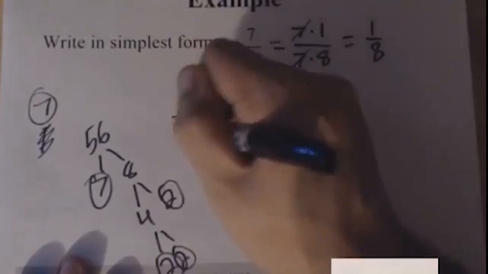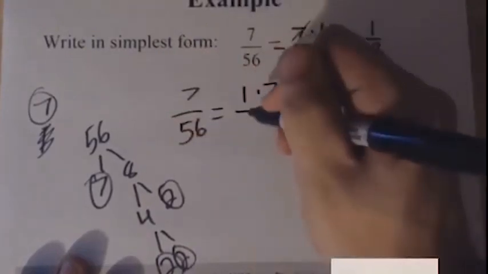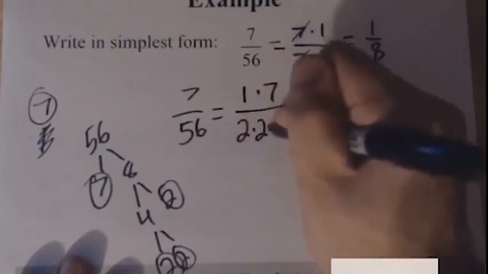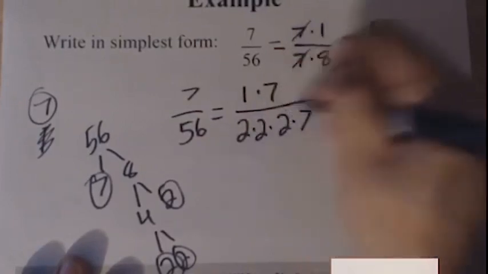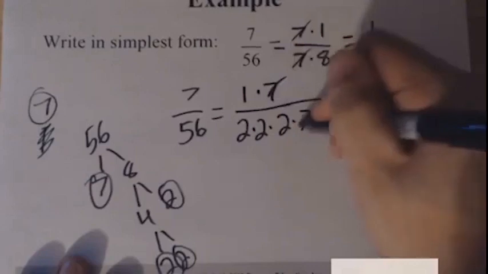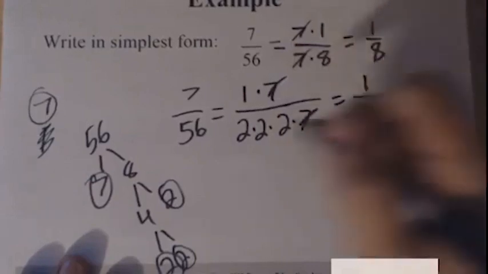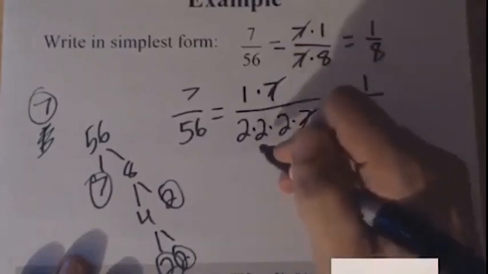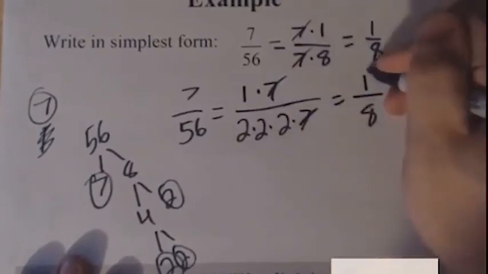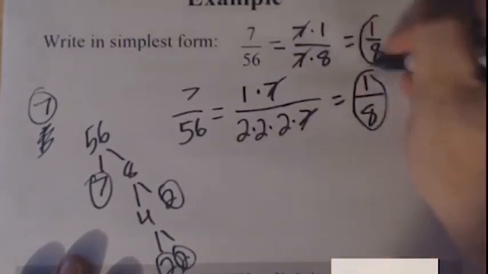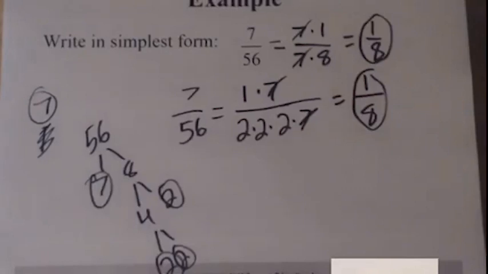So 7 over 56 is 1 times 7 over 2 times 2 times 2 times 7. The 7's cancel. We're left with 1 on the top. 2 times 2 is 4. 4 times 2 is 8. So either way, we get 1/8.